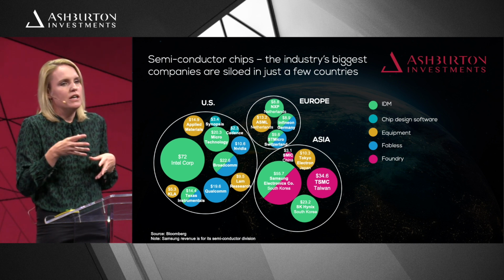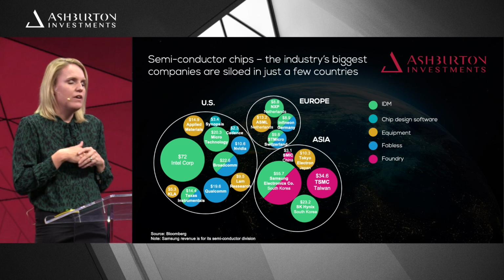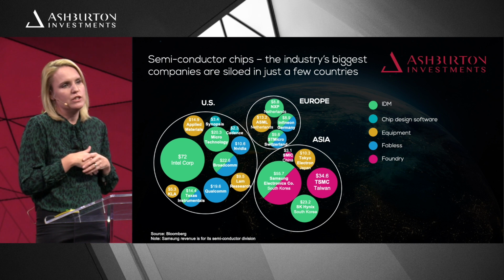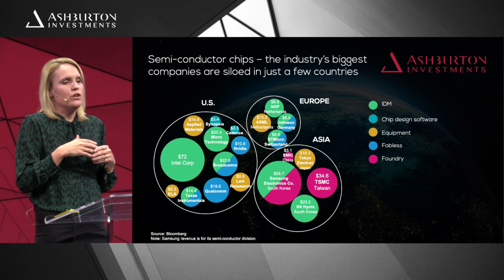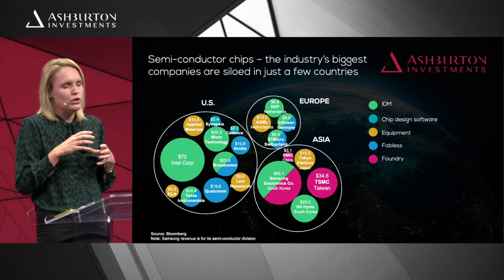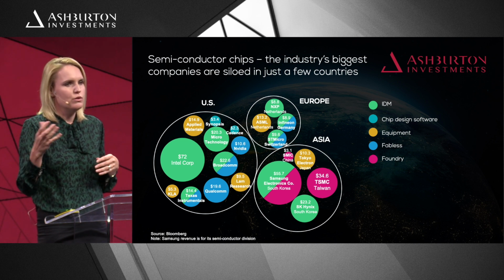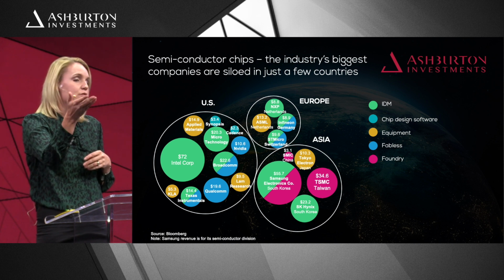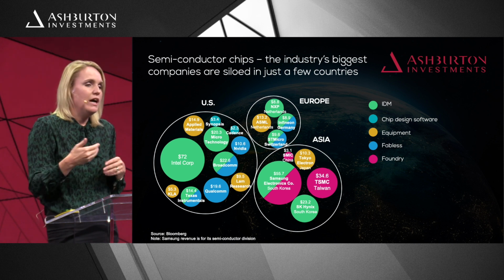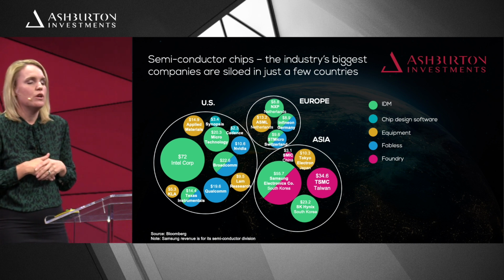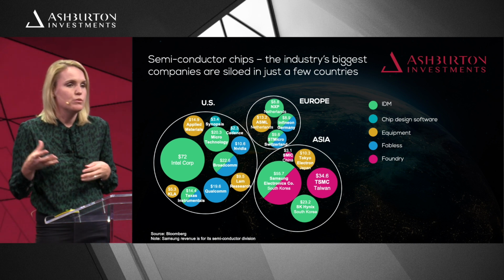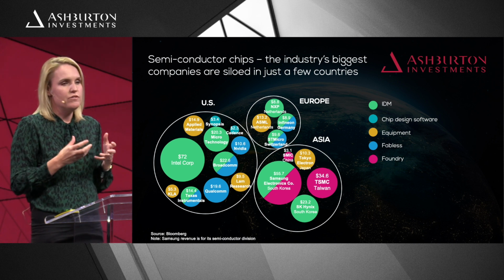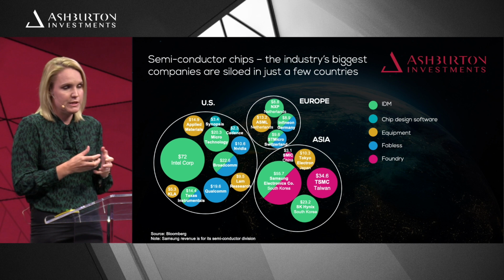Even though you might have independent device manufacturers such as Intel in the US that do manufacturing themselves, they still rely for a certain amount of capacity on third-party foundries to develop their chips, and all the fabless companies also depend on those manufacturers within Asia. So the globe has a very high reliance on Asia in terms of developing and manufacturing these chips.